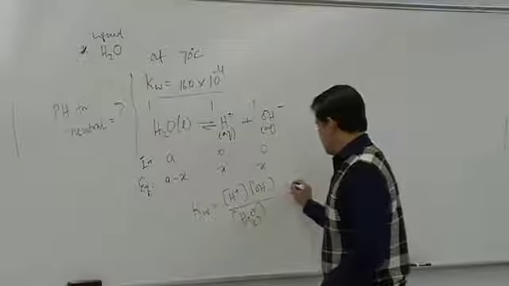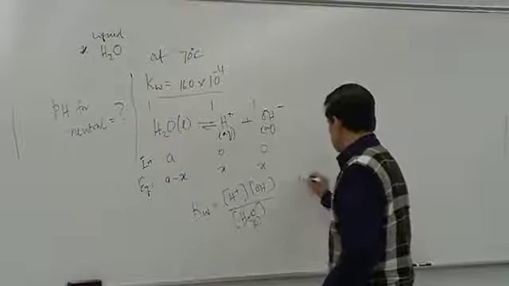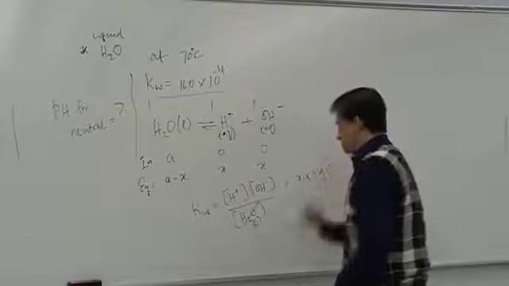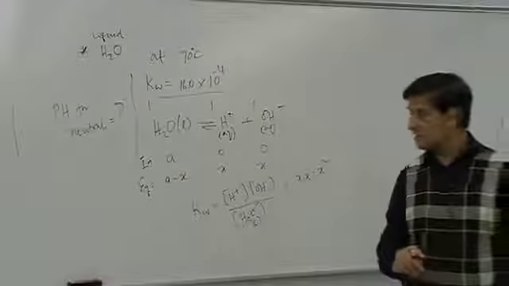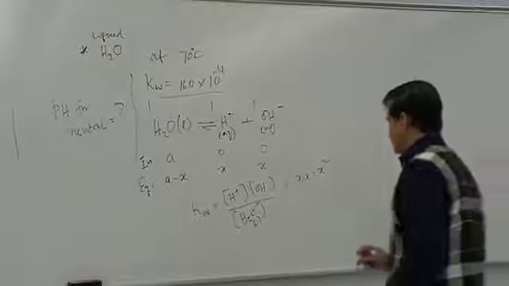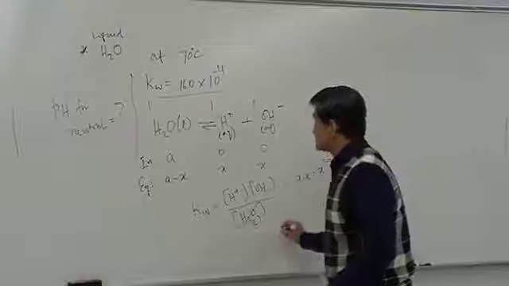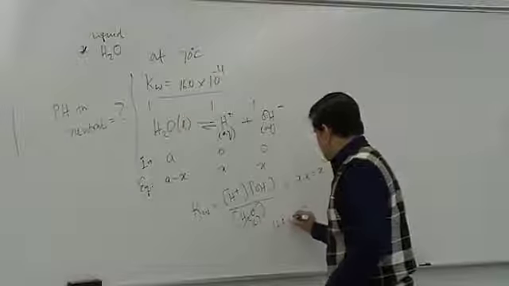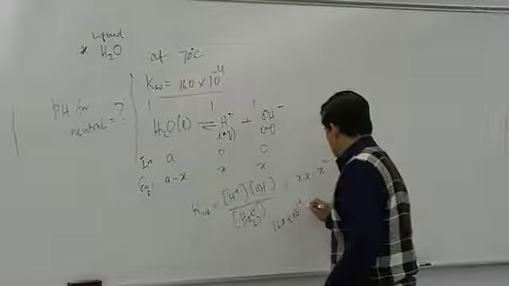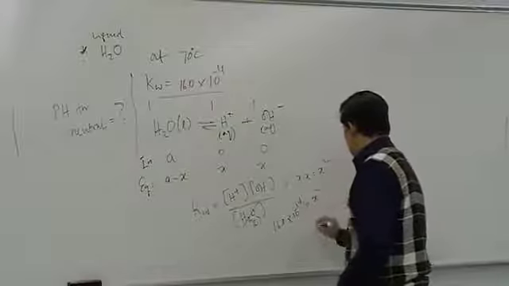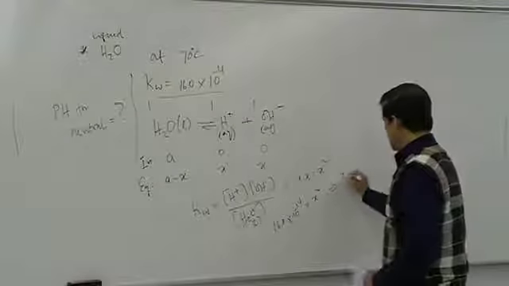Now we have H plus times OH minus, which is X times X, equal to X squared. So X squared equals Kw, and let's assume that we already know the value. Kw is 16 times 10 to the negative 14. That equals X squared.